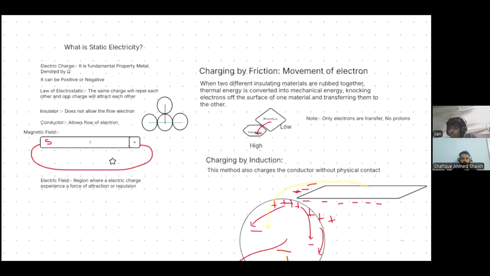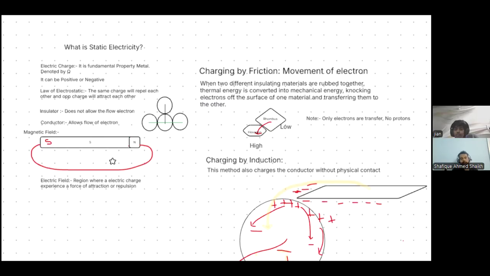When it gains electrons. When it gains electrons. Okay. So it will become negatively charged. Okay, that's fine.